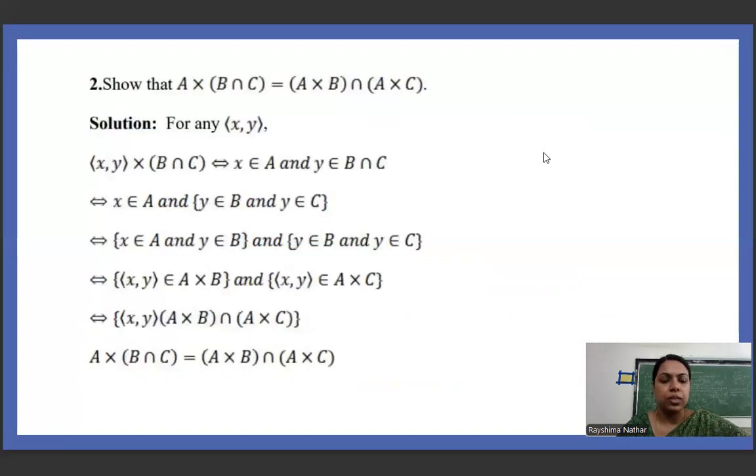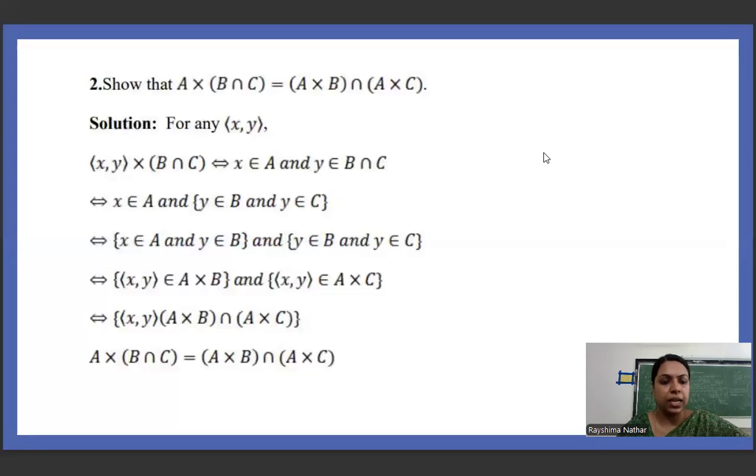The next problem is to show that A cross (B intersection C) is equal to (A cross B) intersection (A cross C). First, we consider one element in A cross (B intersection C), that is, (x, y) belongs to A cross (B intersection C).